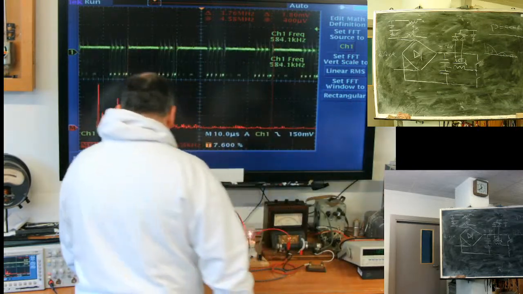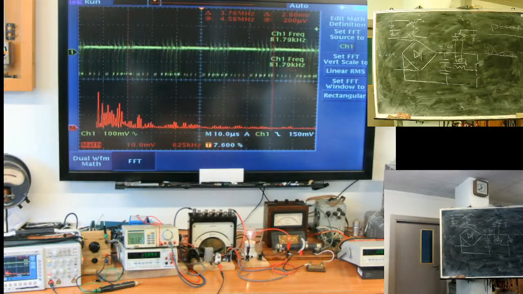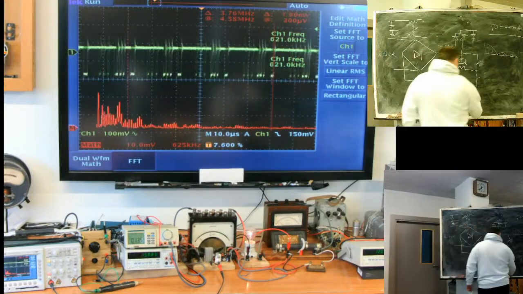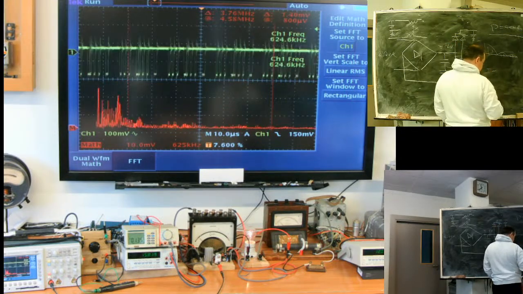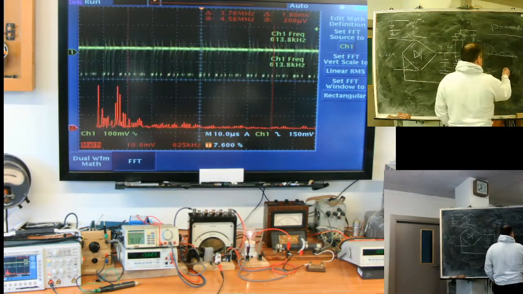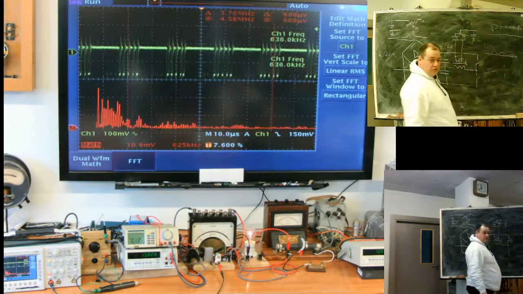And current is not proportional to voltage. We see the opposite: current being something like 1 divided by voltage.